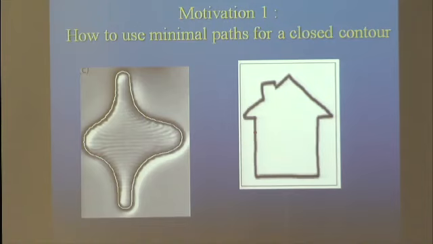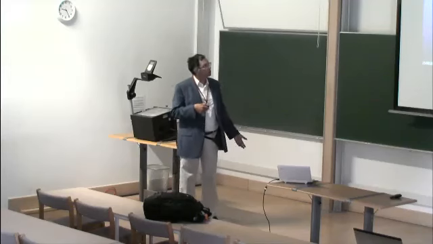And so we propose different ways to find a closed contour as being a set of minimal paths. So of course you could give many points on the contour and find different minimal paths joining them, but it is not what we wish to do. We wish to just give one starting point, and knowing that it is a closed contour, we automatically find a set of auxiliary points and a set of minimal paths that cover the whole closed contour automatically.